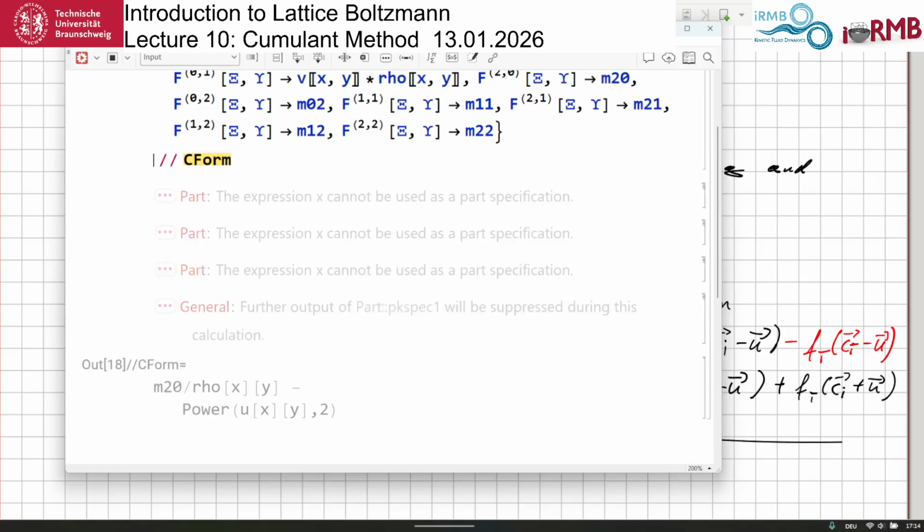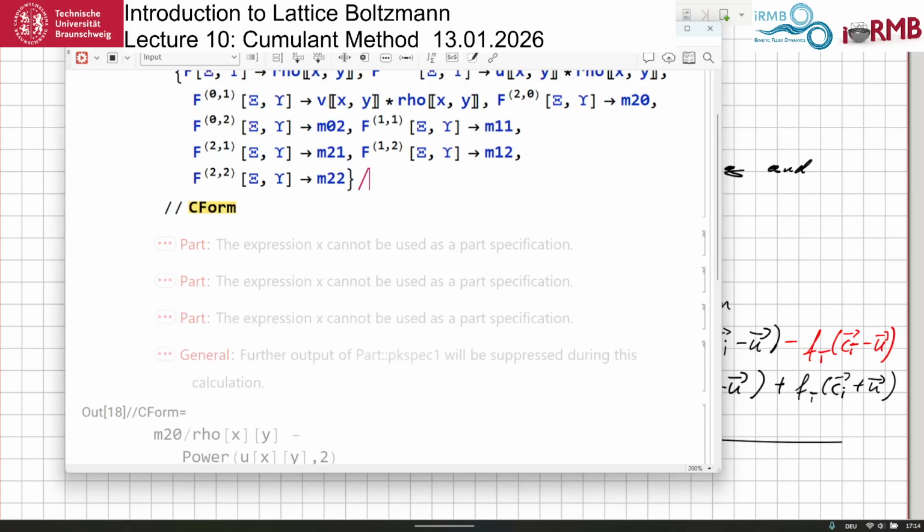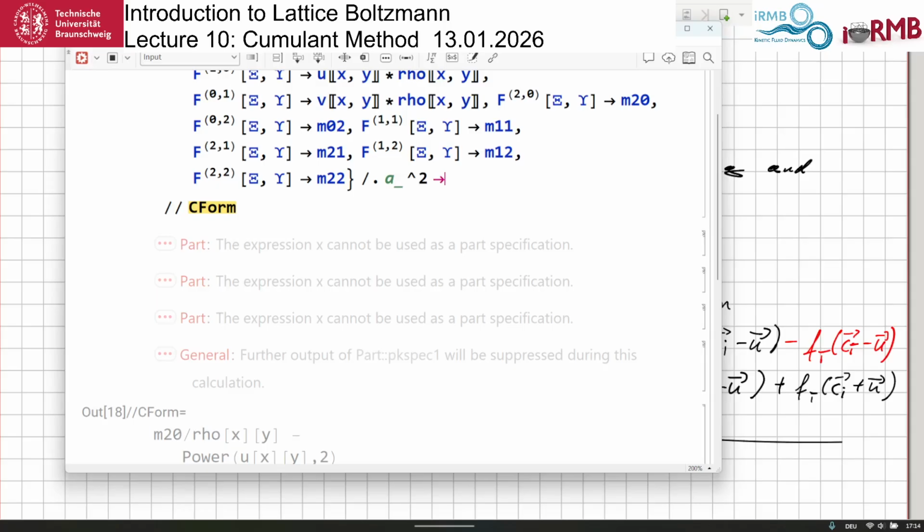Okay, I'll do another update in between here. So what I can do is to replace. So the trick is we take anything which we indicate by this plank that comes to a square and replace this by a times a.